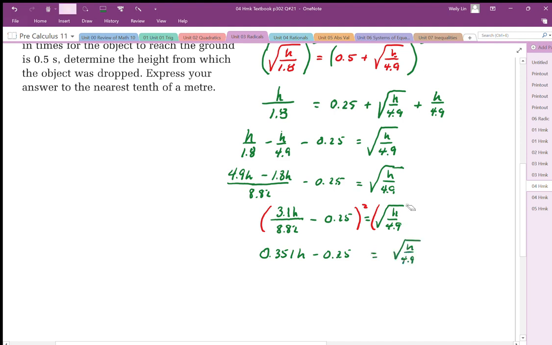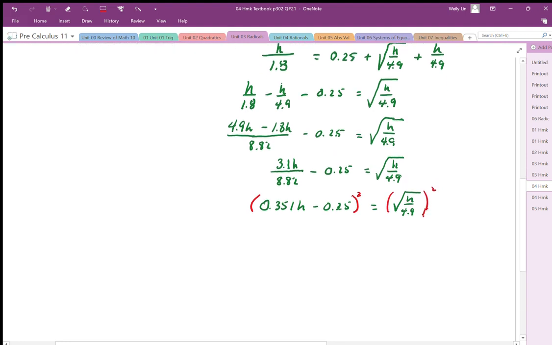Okay, so I'm not going to square on this step, I'm going to square on this other step here, and I just have an easier number to work with. Okay, it's not an easy number, but it's an easier number. So I'm going to square that.